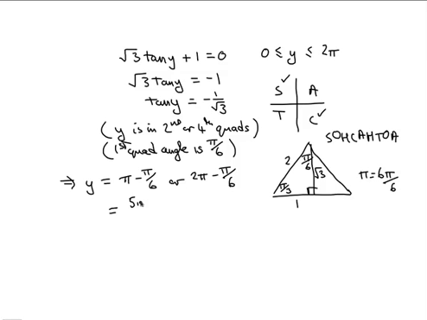That's 5 lots of pi upon 6. 2 pi would be 12 lots of pi upon 6, so 12 lots of pi upon 6 minus 1 lot of pi upon 6, that's 11 lots of pi upon 6. 5 lots of pi upon 6, 11 lots of pi upon 6. That's the solution to this equation if the angle y lies between 0 and 2 pi.